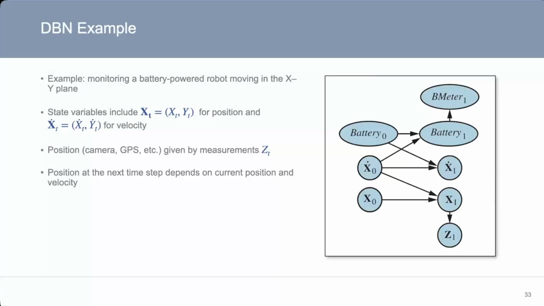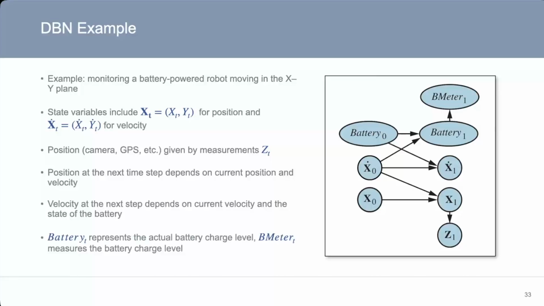The position at the next time step depends on the current position and velocity, whereas the velocity at the next step depends on the current velocity and the state of the battery. For that purpose, we also include Battery t that represents the actual battery charge level, and BMeter t that gives us the measurement of the battery charge level.